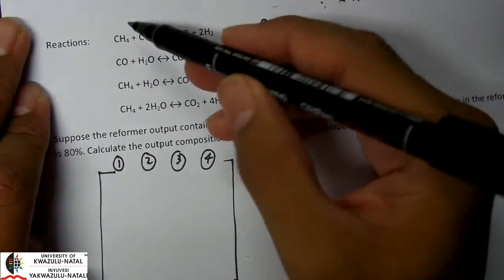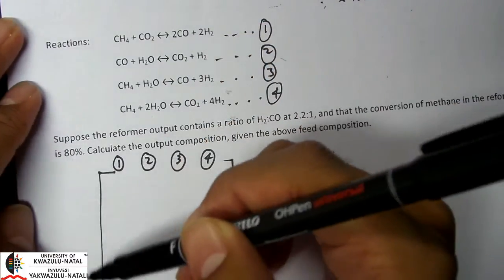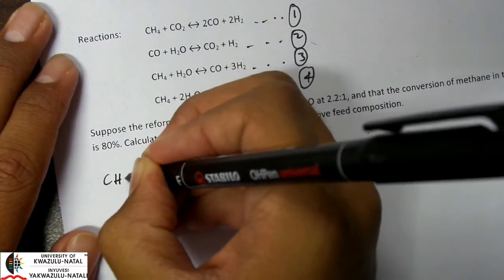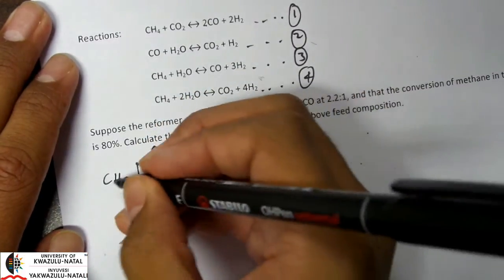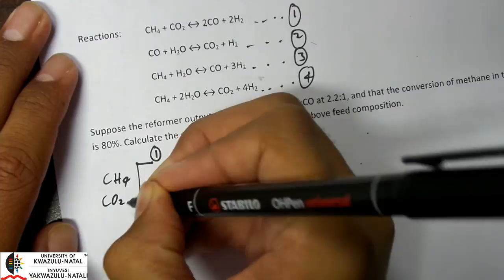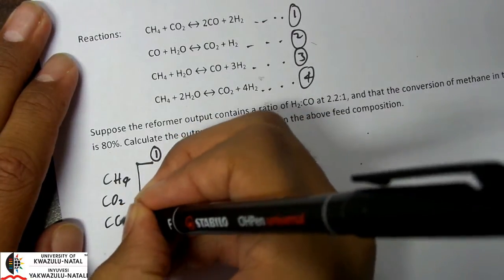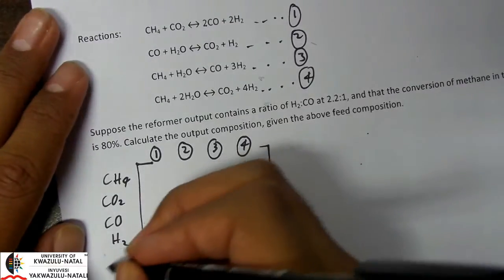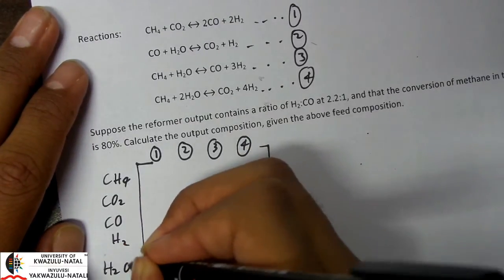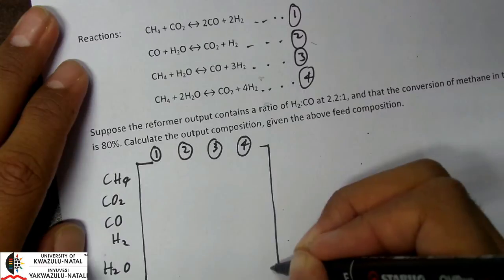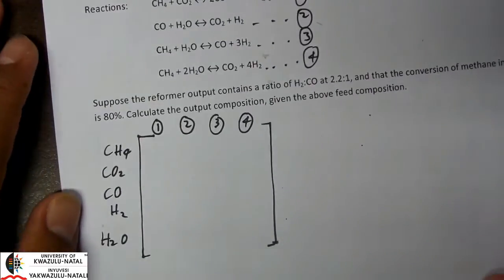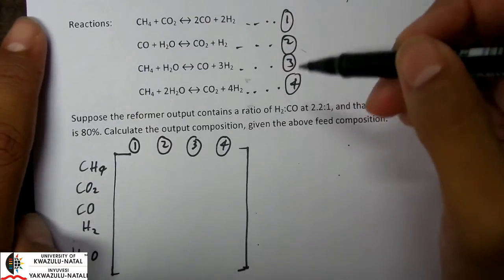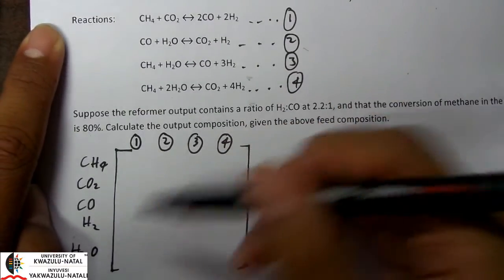We have to list every single species on our row. So let's start with our methane. Then we also have CO2, we have CO, we have H2 and H2O. So across these 4 reactions, we only have 5 different species.